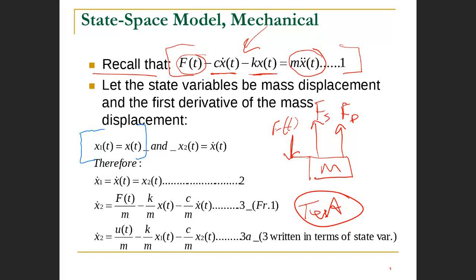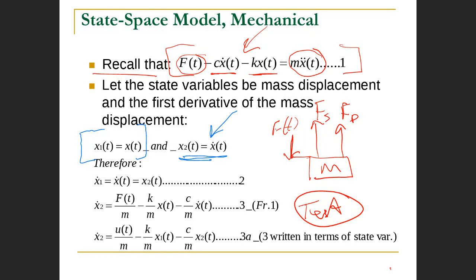What would you get when you differentiate both sides? As I have it below, you will get x1 dot equal x dot of t. That's all I'm really saying. But by extension, we know from over here that x dot of t is x2. Do you agree? Yeah. All right, so basically that's what I'm saying.